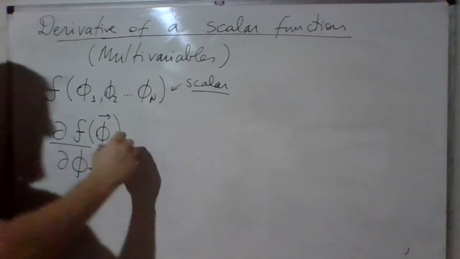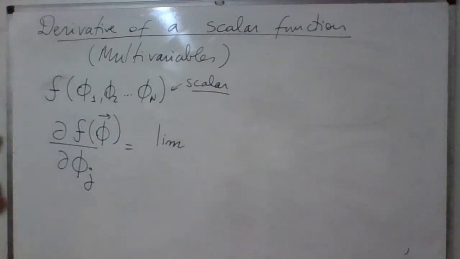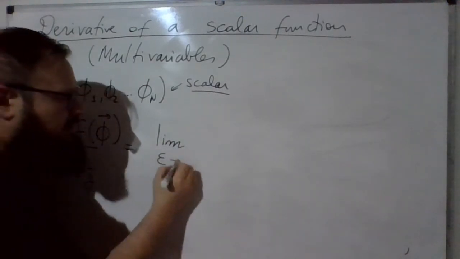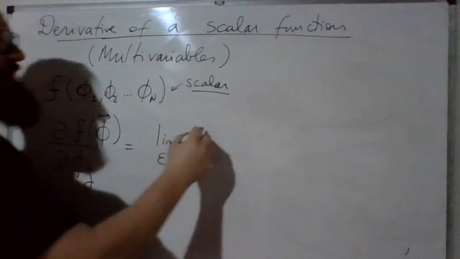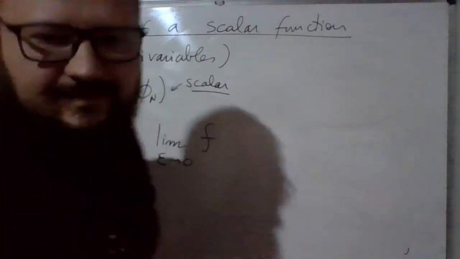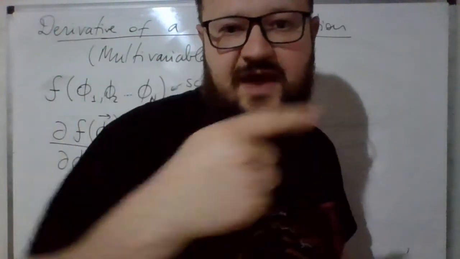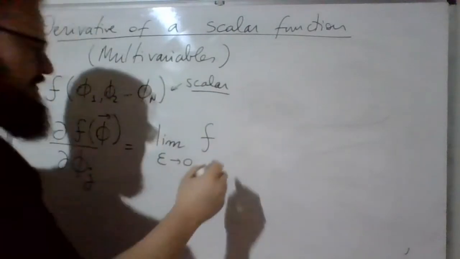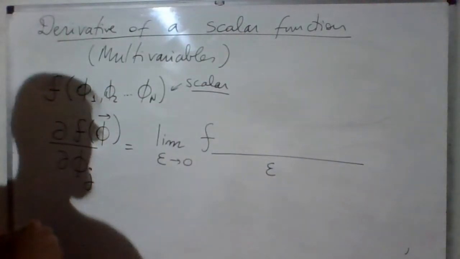So I will take the limit for some epsilon going to 0. I'll keep fixed all the phi's except the one which is being varied. Okay, so I'll divide by epsilon.